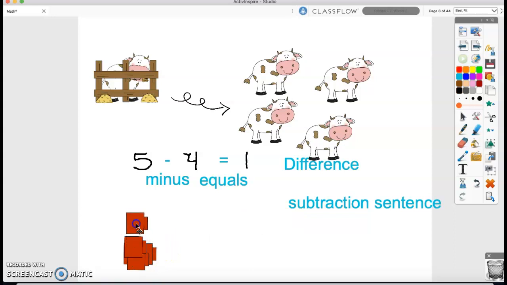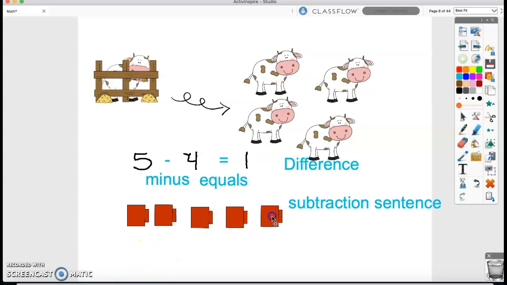With my cubes, I had 1, 2, 3, 4, 5 cows, and I'm going to take away 4, and how I do that is I'm going to circle the 4 and cross it out, and I know I'm left with 1.